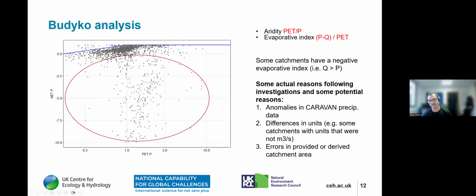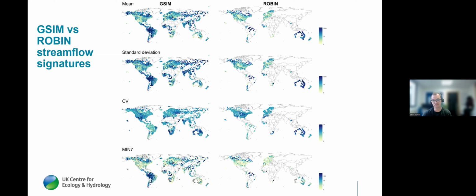We also tried to compare it to some other global data sets. So we chose GSIM as a benchmark global data set to see whether roughly the streamflow signatures looked similar. And in a lot of cases they did.